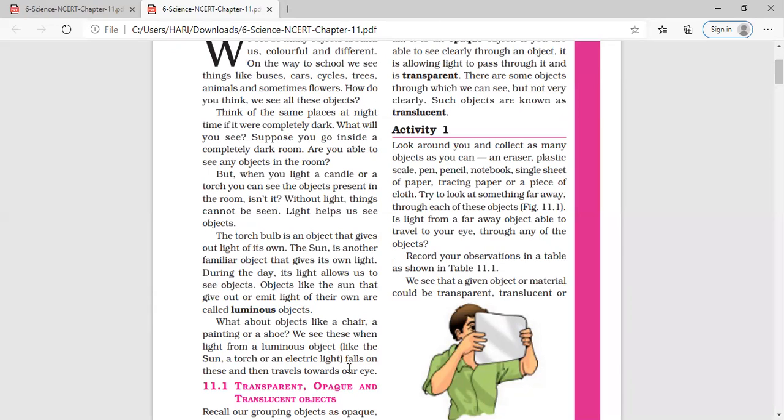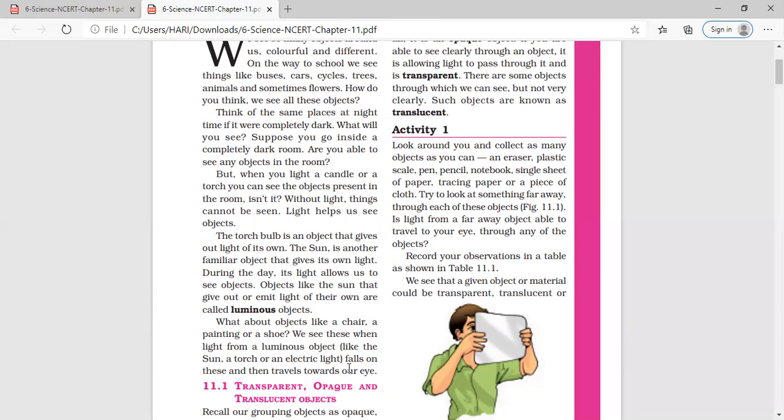So other objects which cannot produce light are called non-luminous objects. And we can see a non-luminous object only in the presence of a luminous object. That means we have to use the light of the luminous object to see an object that cannot produce light.